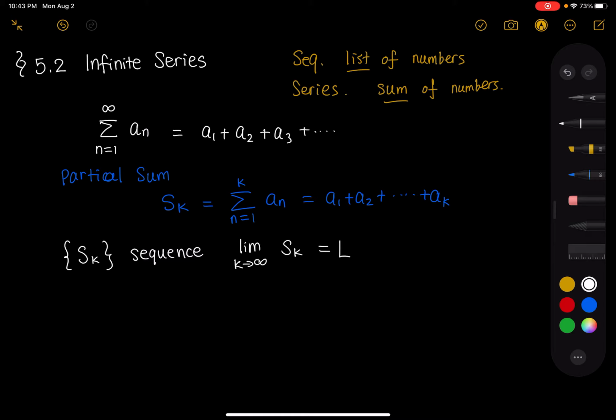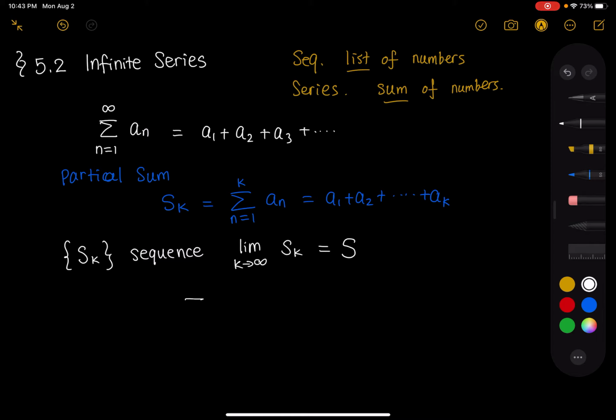This time, don't confuse it with the limit of a sequence. We call that limit S, okay? Capital S. It converges to a real number S. Then we call the infinite series convergent.